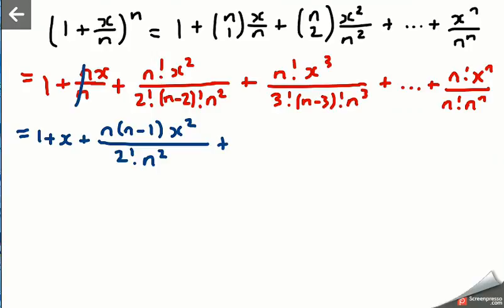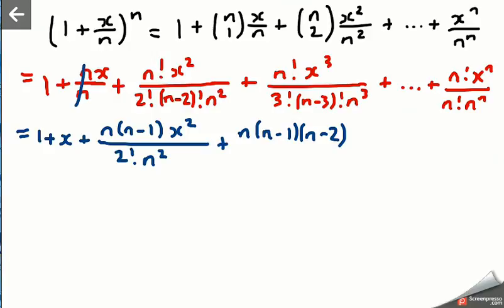Plus, same deal again. We're going to cancel some parts of this off because n factorial is equal to n times (n minus 1) times (n minus 2) times (n minus 3) times (n minus 4) and so on. In other words, it's n times (n minus 1) times (n minus 2) times (n minus 3) factorial. Well, we're going to cancel the (n minus 3) factorials off.